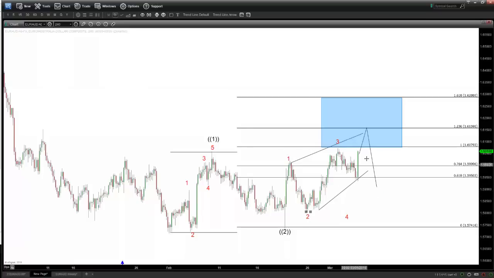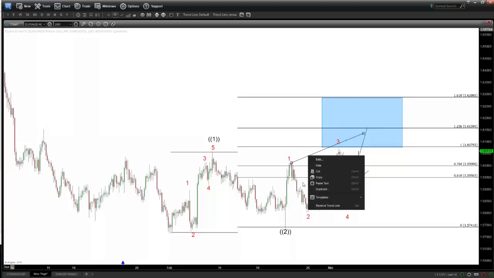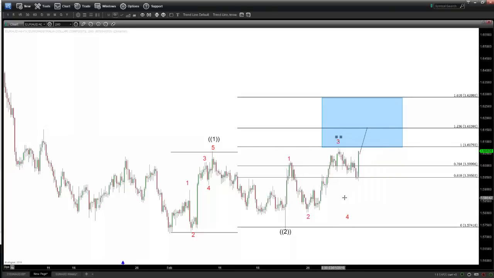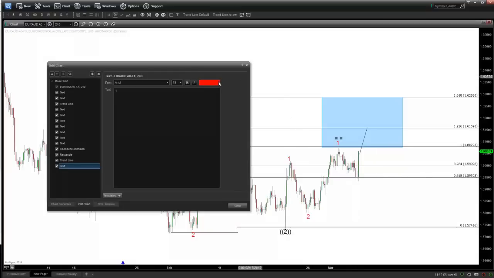And then still another possibility, the most bullish or most aggressive view, is that we are doing a nest. So in other words, now we are doing a 1, 2, 1, 2, right? So this is a lower degree, this is a lower degree 1.